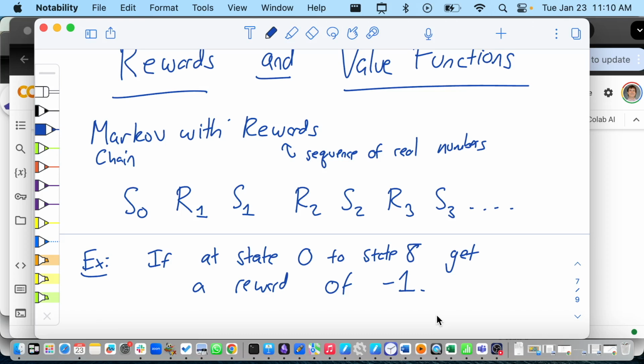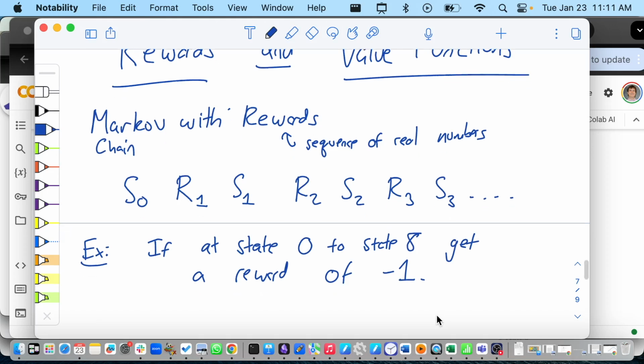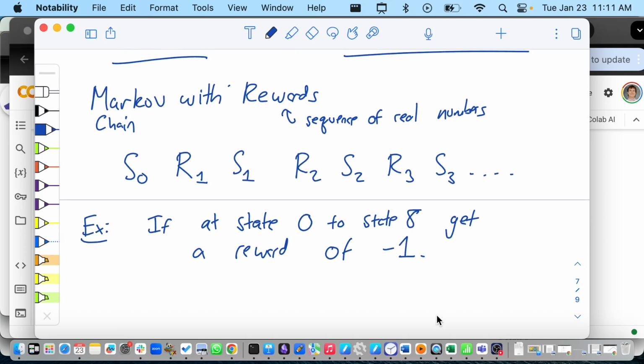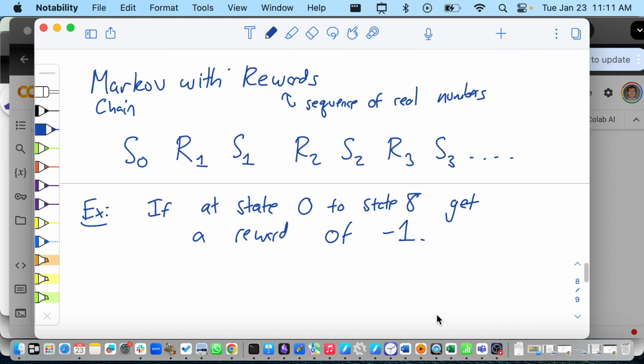So every time you're not at the end, I hit you with a stick, right? I give you a reward of -1. And then you are trying to maximize your reward, which means you're trying to get to the end as fast as possible. So you get hit with a stick the minimum number of times. So if you get a reward of -1 every time you're at state 0 to state 8, let me write this down very precisely.